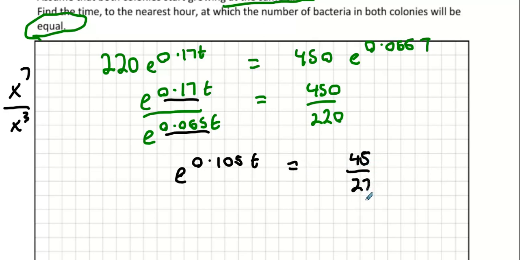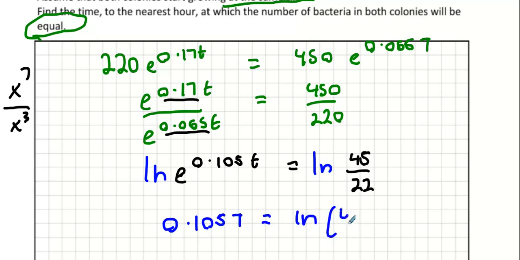Now, what do we do now, lads? I want to get t on its own, so what do we do now? Log both sides. Bring it to the front. What do we get? 0.105 t equals ln of 45 over 22. And what do we do now? Anybody?